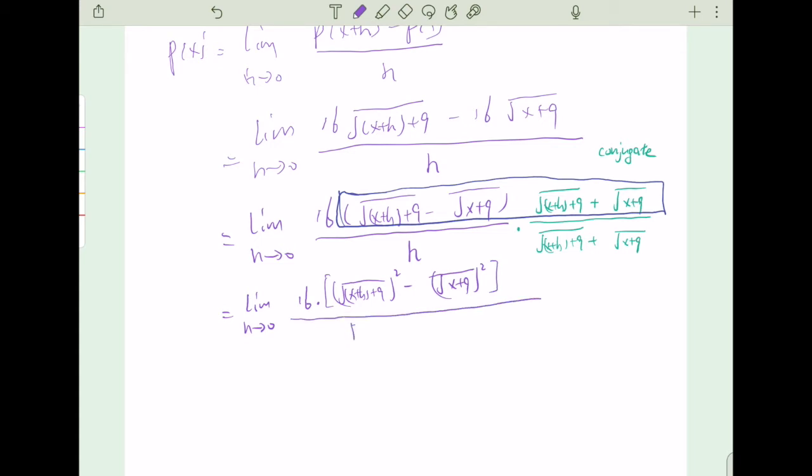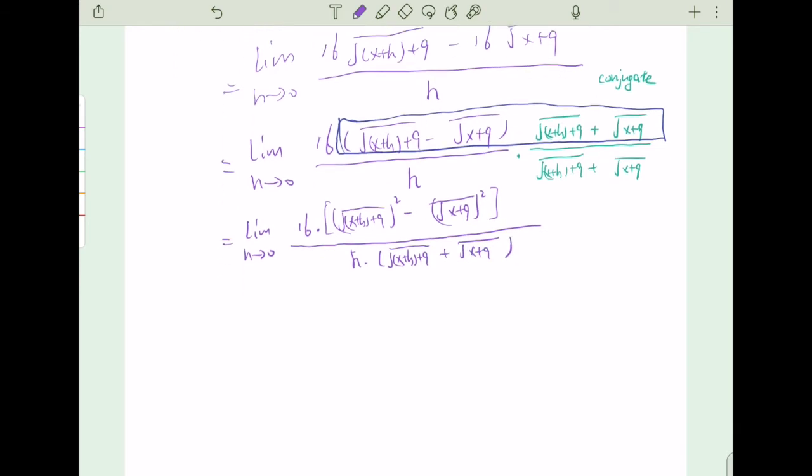Over this h times, for the bottom here, we just leave them like that, not doing anything yet. And we simplify the top. So we have x plus h plus 9 minus x plus 9.